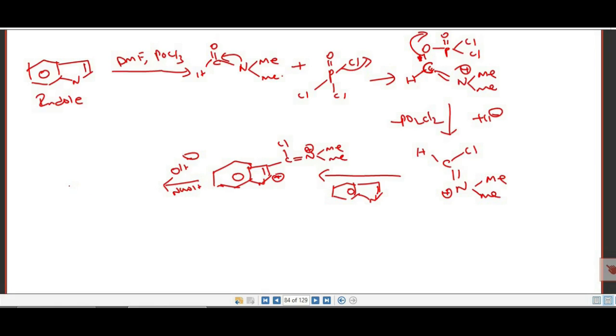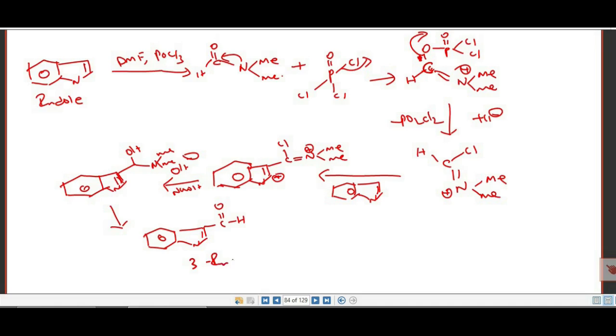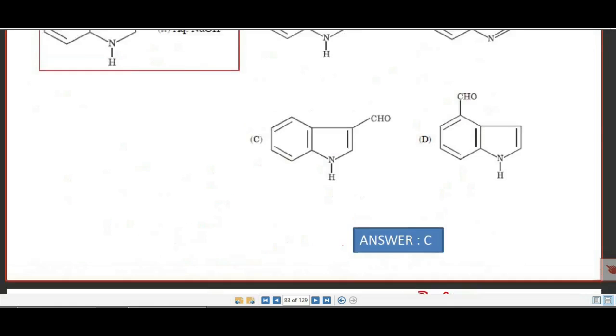You will get OH here, with Me. So a double bond here. This again on rearranging, by keto-enol tautomerism, gives 3-indole aldehyde. This is the product.